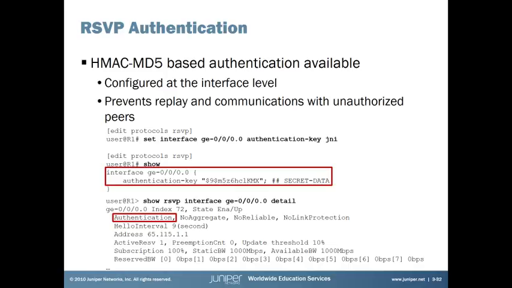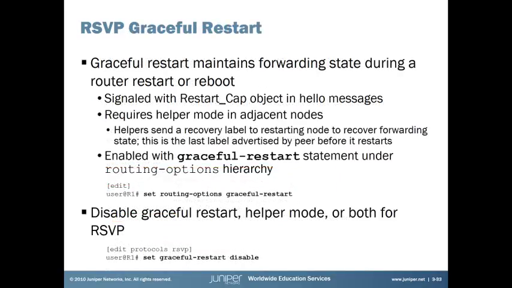We can set up authentication within our RSVP, so that's something we can set up as a security mechanism on our network. And we can also use it with a graceful restart.